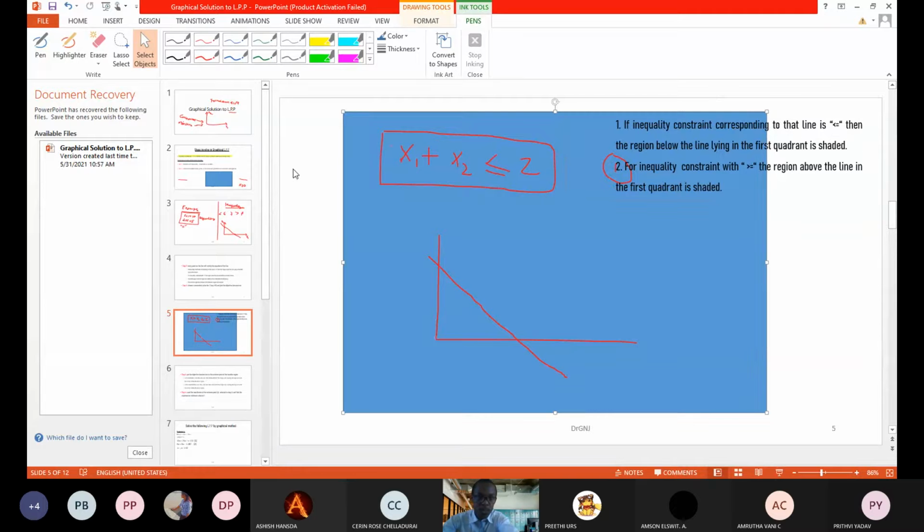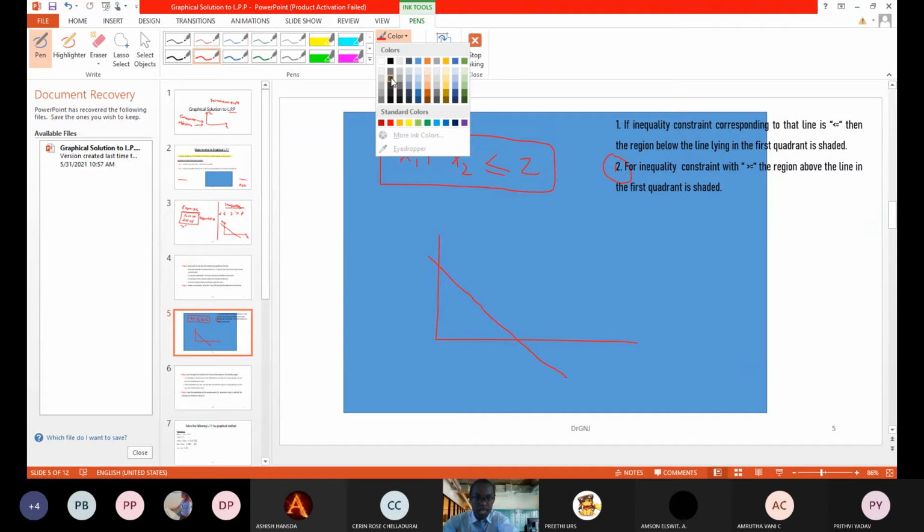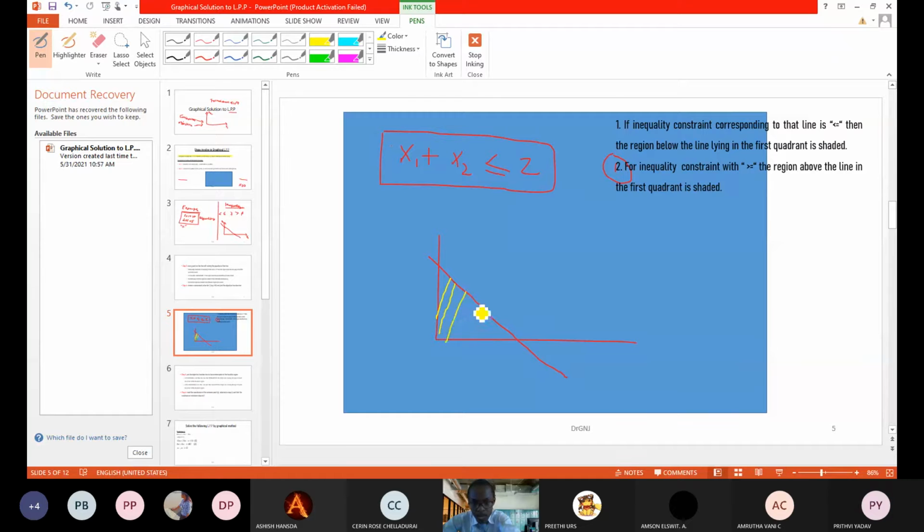Here, if we come to this one, the region to be shaded is going to be below the line. Why? Because the sign which we have here, the inequality, is lesser or equal to.